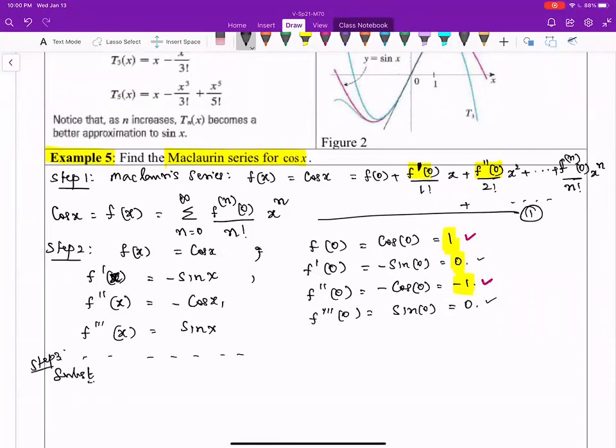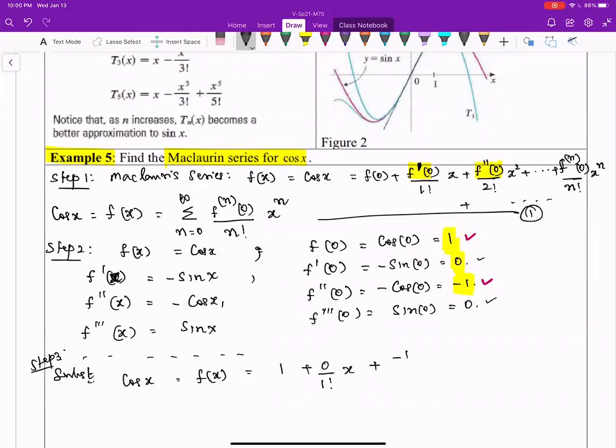So if you substitute all of these values into step 1, you get cosine x, f of x, which is f at 0, which is 1, f prime 0, which is 0, then f double prime 0 equal to negative 1.